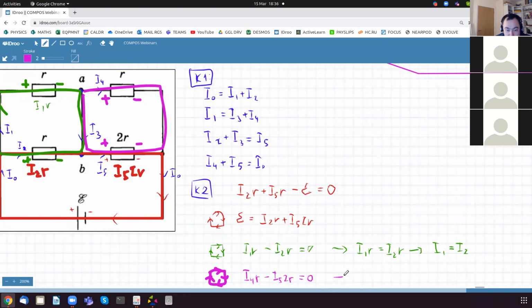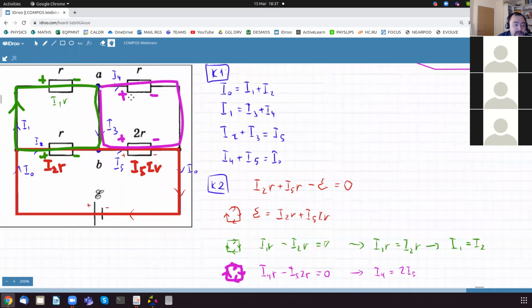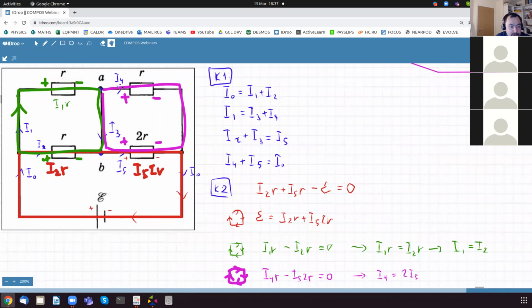Or in other words, I4 is equal to 2 I5, which is completely understandable. I4 is equal to 2 I5. The current chooses to go preferably through the top resistor rather than the bottom one. So I4 is greater than I5, 2 times greater.